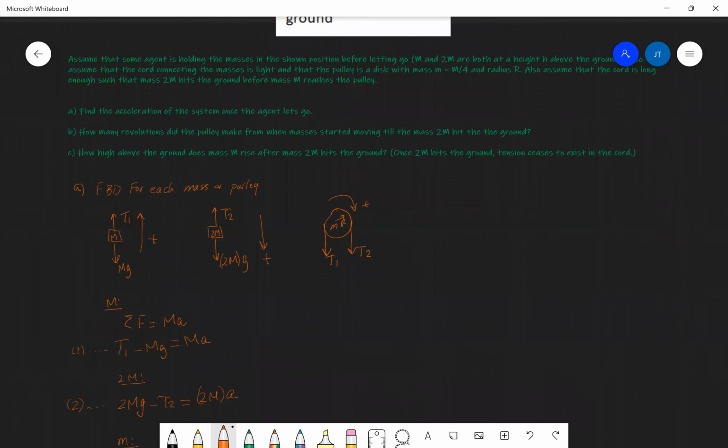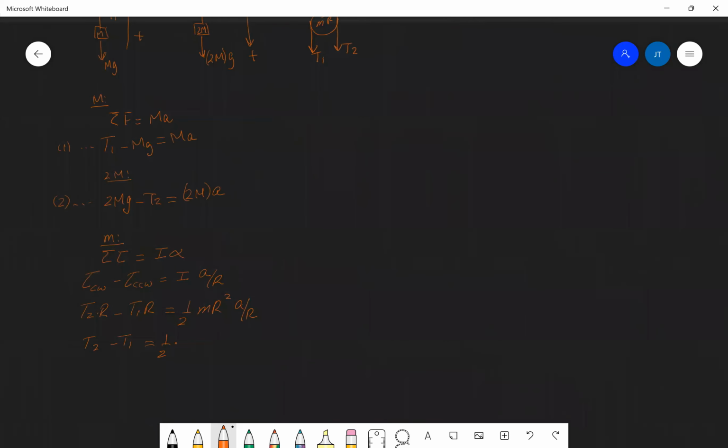Little m is capital M over 4, so 1/2 times M over 4 gives me 1/8. So T2 minus T1 equals 1/8 M a. This is equation 3.